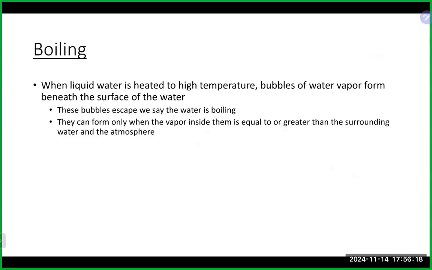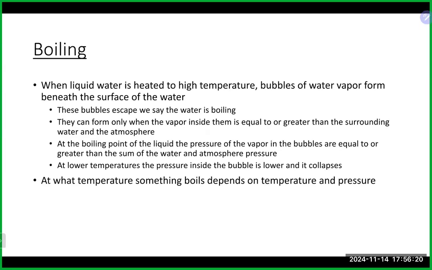So let's talk a little bit about some of these processes of liquids. When a liquid is heated to a higher temperature, bubbles of water vapor start to form beneath the surface. When these bubbles are able to escape the surface of the liquid, that is when we have our water, for example, boiling.